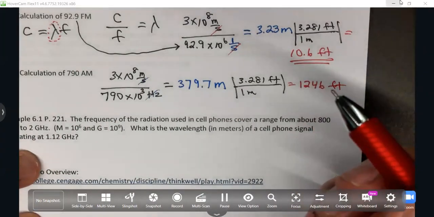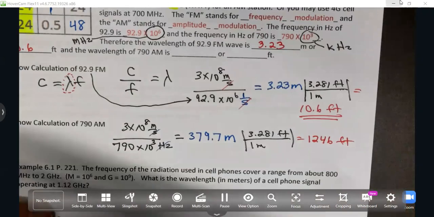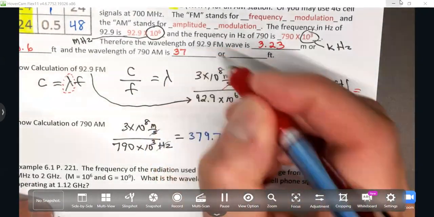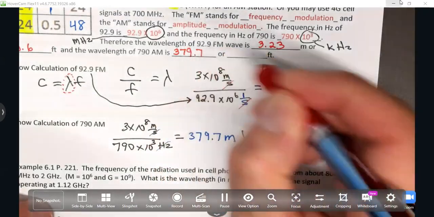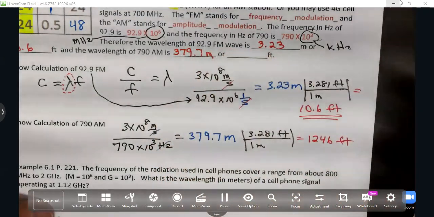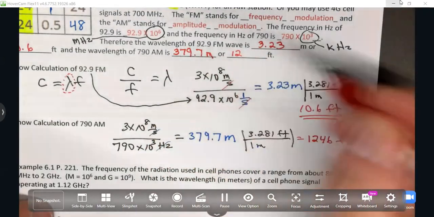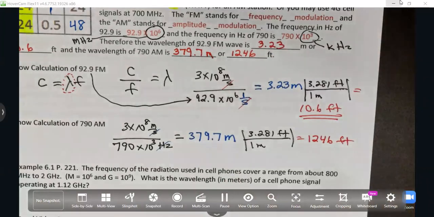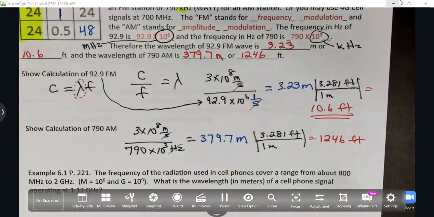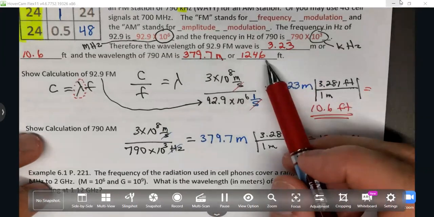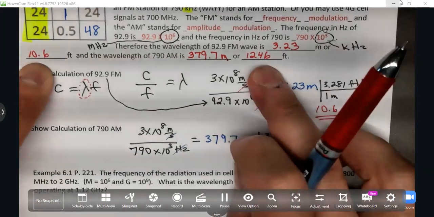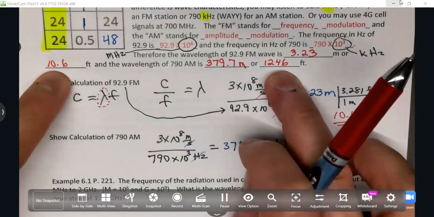So here, let's fill this in: 379.7 meters, or 1,246 feet. That is a long wavelength for AM. 10 feet versus 1,246 feet, that's almost a quarter mile.